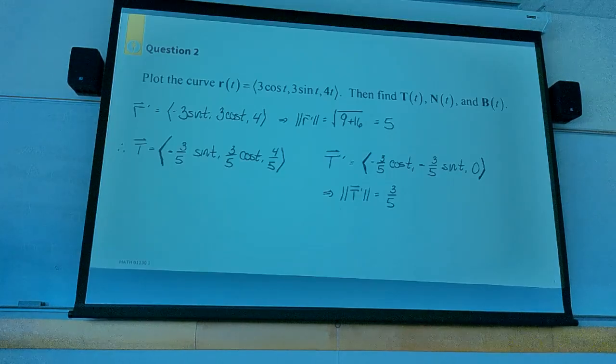It's just 3/5. Normal vector: 1 over the length of T prime times T prime. And there's the normal vector.